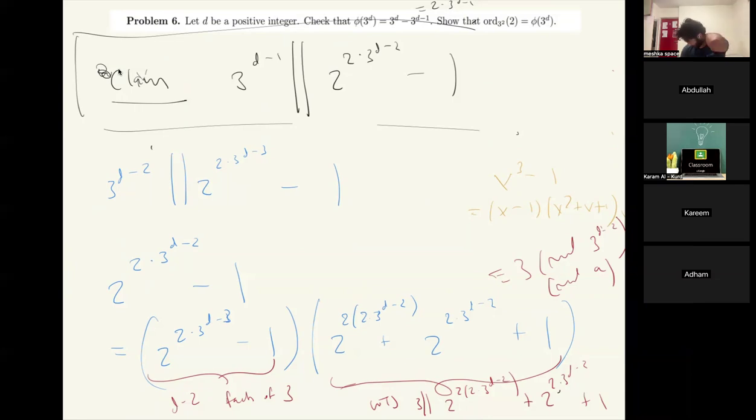So what's the idea? We wanted to compare powers of 3 in this versus this, and so we used this identity, and it gave us the relation. Okay, so does the proof of the claim make sense? This is the claim.